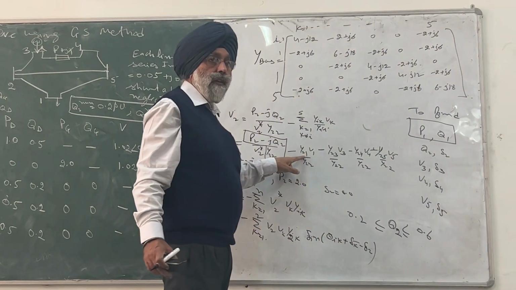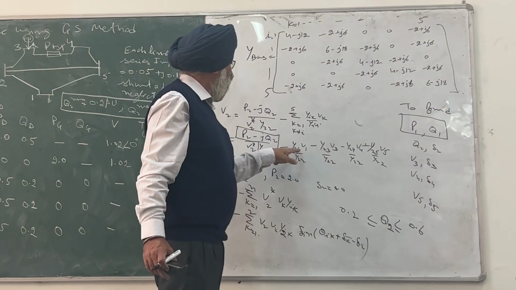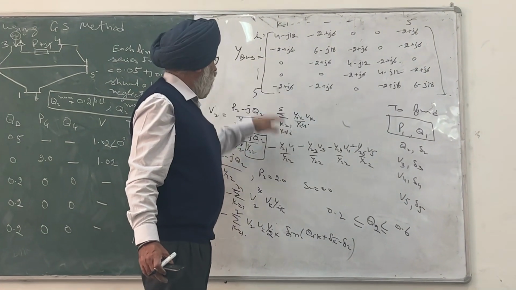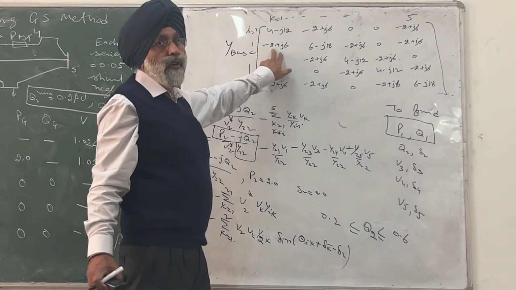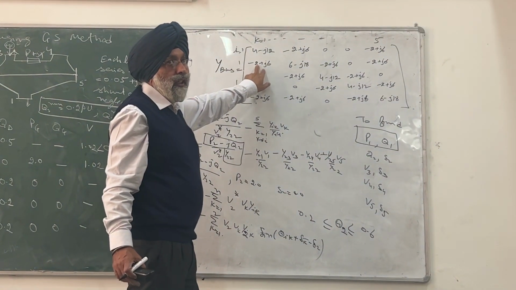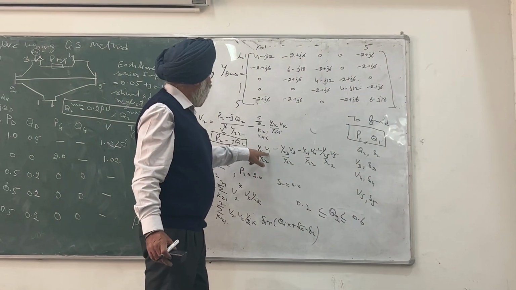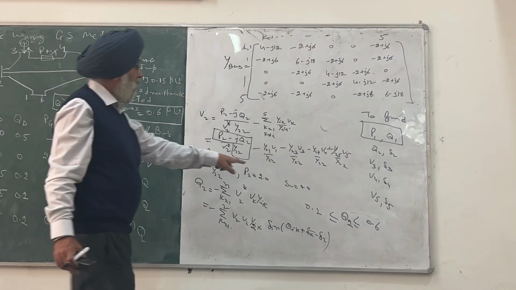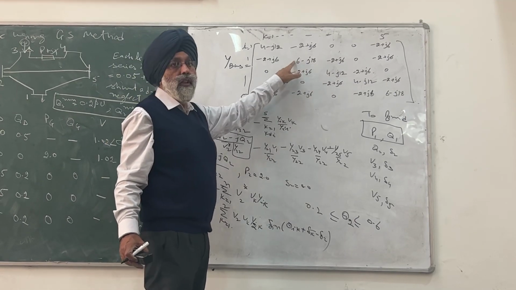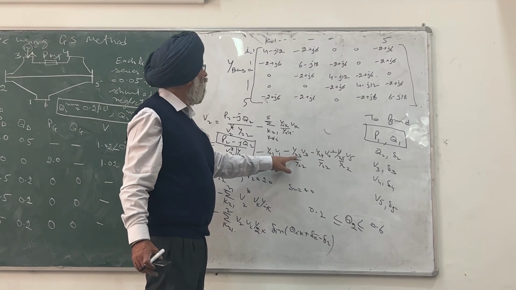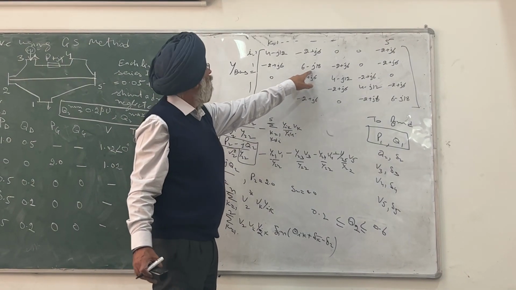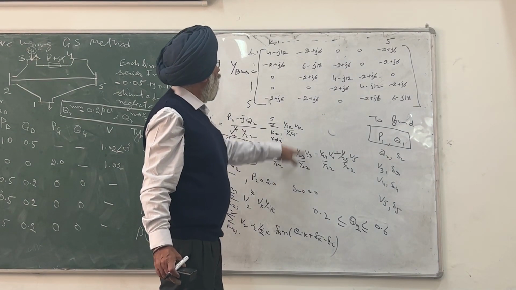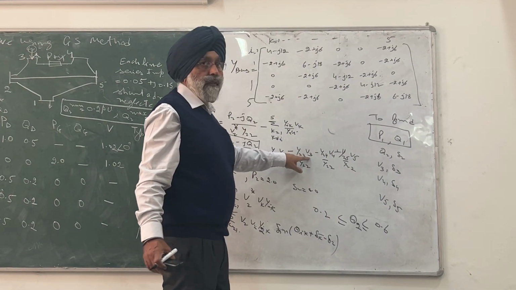Now Y21, in this equation, is this value. Then V1, you can convert this from rectangular form into the polar form. V1 magnitude and angle is given. Y22 you have from this Y bus matrix. Y23 is this value, and Y22 again you have, and V3.